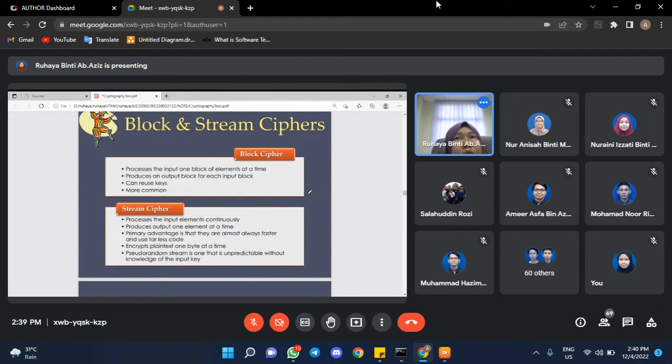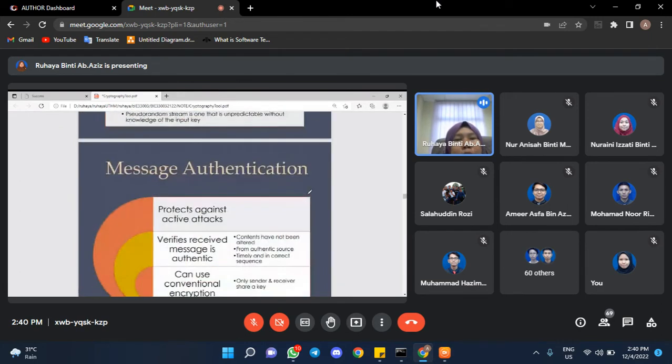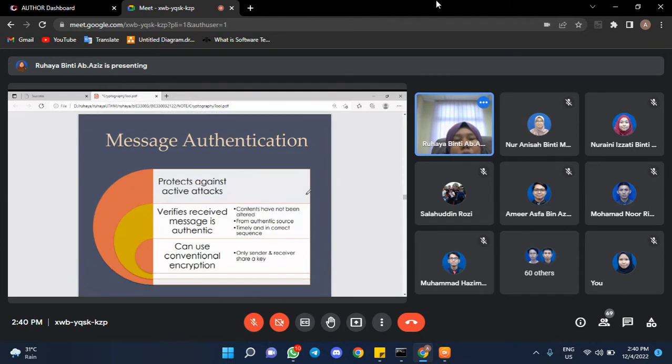Okay, another thing when we talk about cryptography is the application to ensure that the message we send is authentic: message authentication. Message authentication is important, right? Yes. It protects against active attacks and verifies that a received message is authentic.